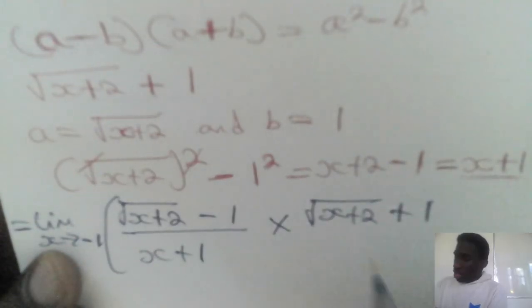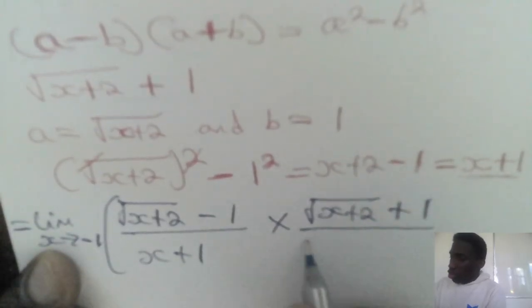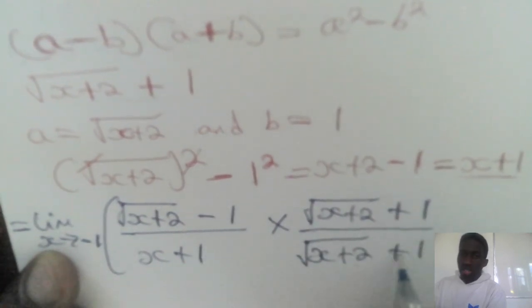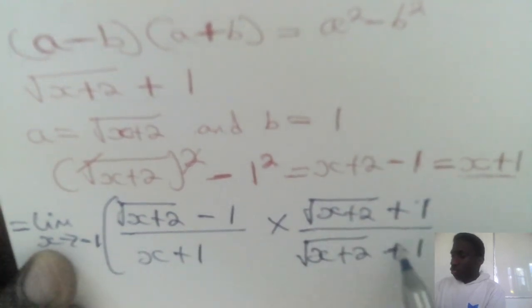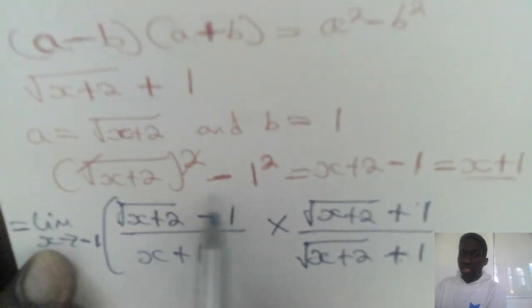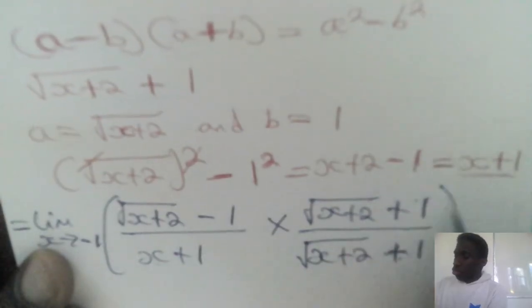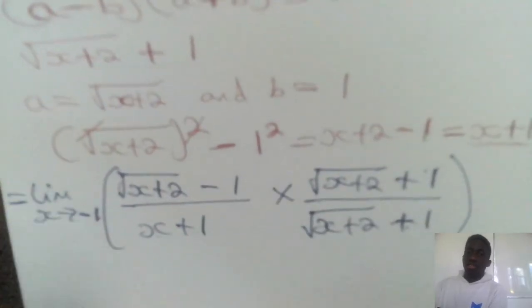And now to make sure that I don't alter the function, I also multiply the denominator by the same conjugate. So this divided by this is 1. So it's like multiplying this part by 1, which is still the same thing. Anything multiplied by 1 is still the same thing. So it means I'm not changing anything.